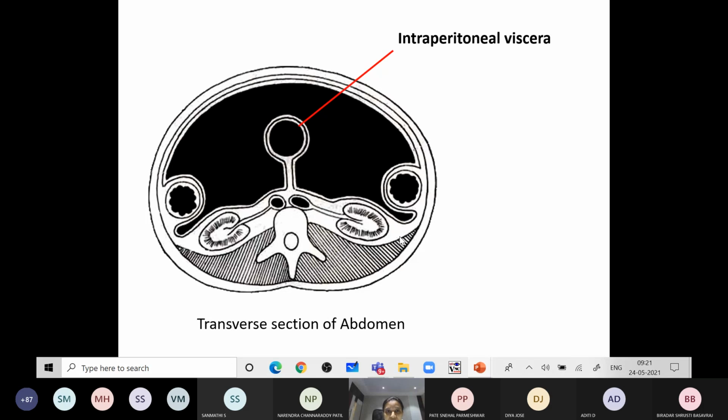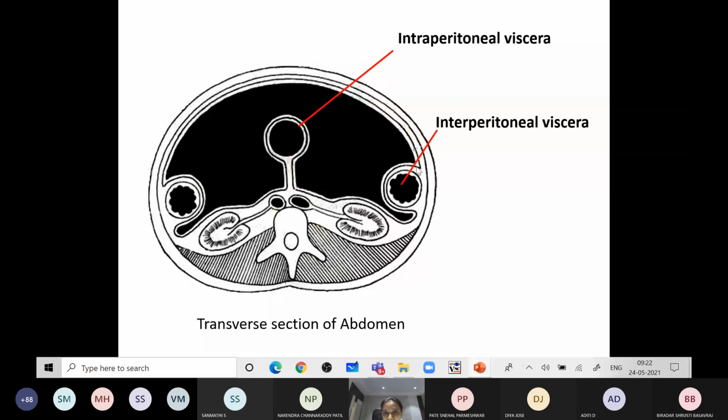Here you can see, this is intraperitoneal. This is the peritoneal cavity. It is completely covered by the visceral layer of peritoneum, hence suspended by the fold of the peritoneum.